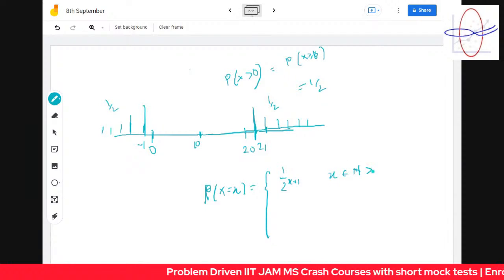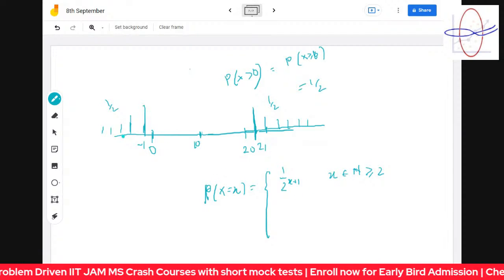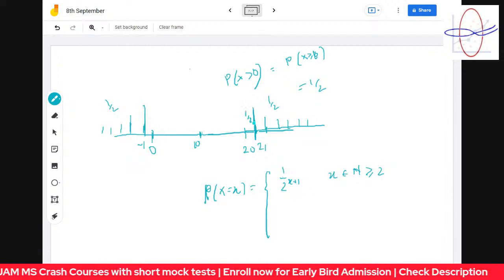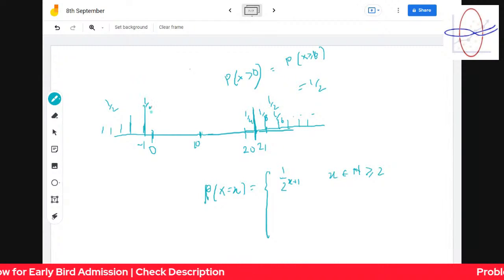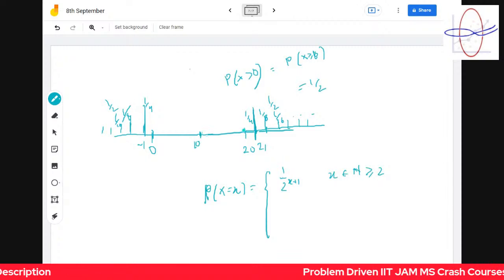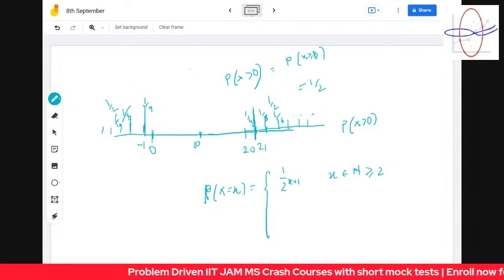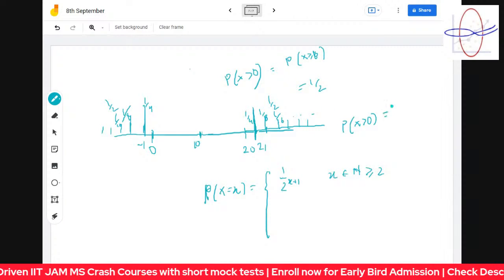Similarly for this side: this is half, this is 1/4, this is 1/8, this is 1/16, and it goes on. This is also 1/4, 1/8, 1/16. If this happens, it's symmetric around 10, but probability x greater than 0 turns out to be exactly half.